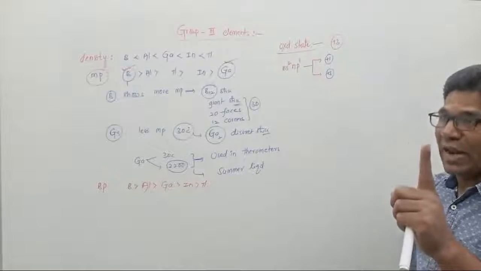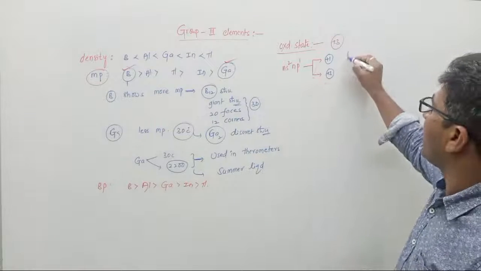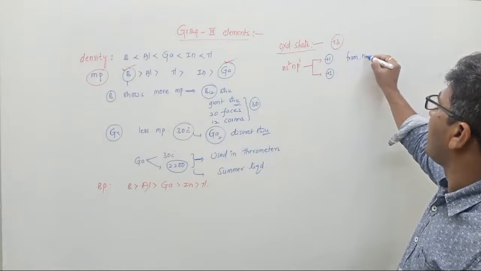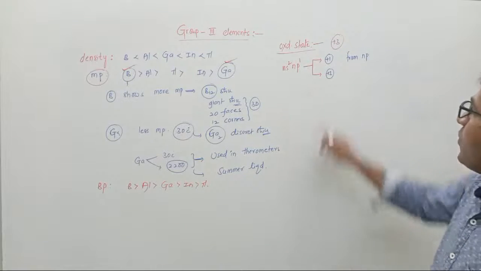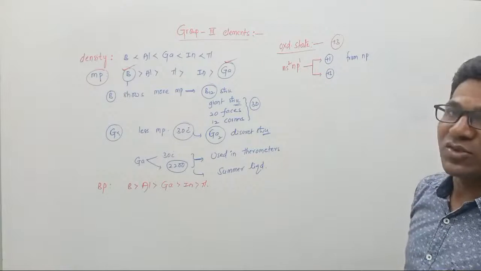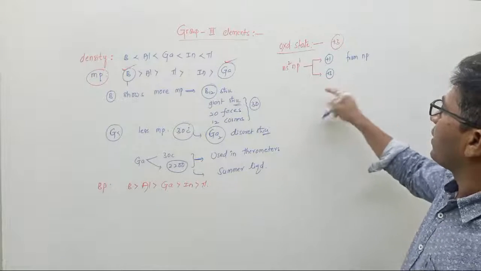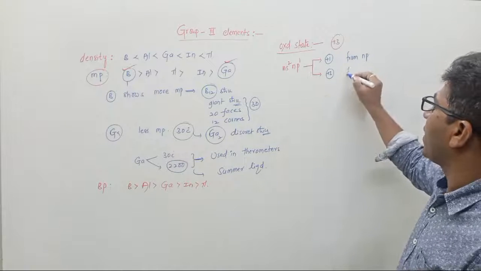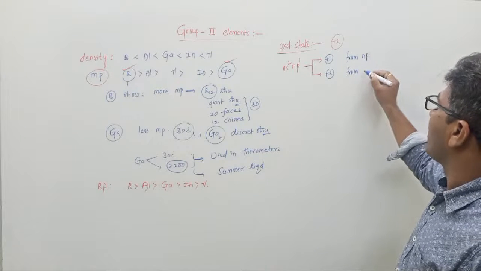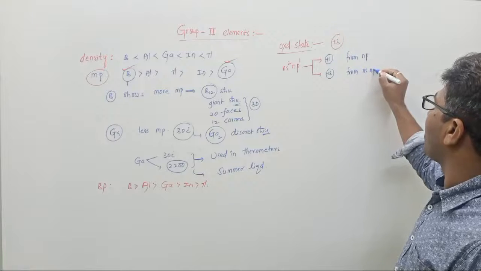+1 means loss of one electron. That is from which orbitals? np orbitals. If loss of electron is from only the p orbital, it shows +1 oxidation state. +3 means loss of electrons from s orbital and p orbitals, that is from ns orbital and np orbital.